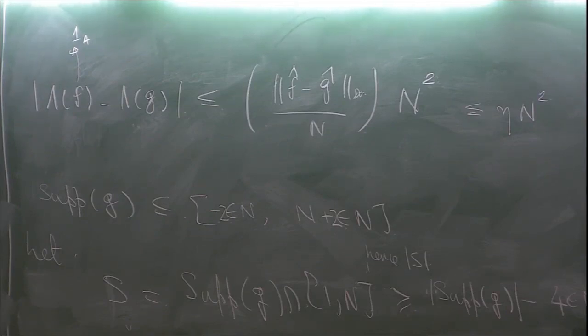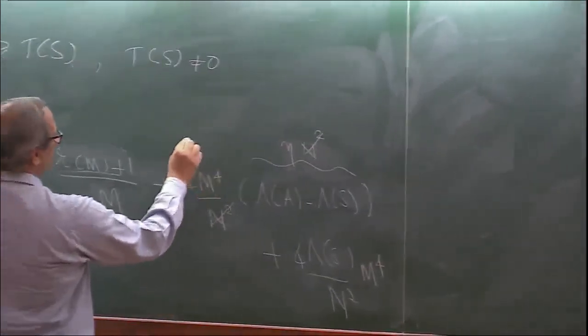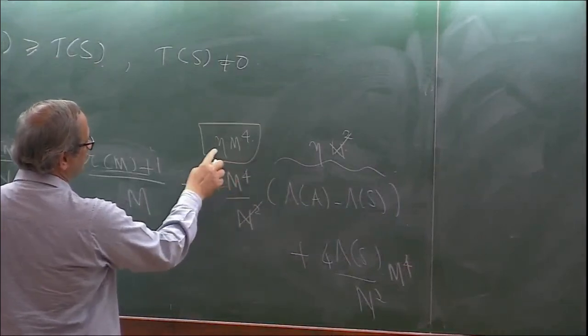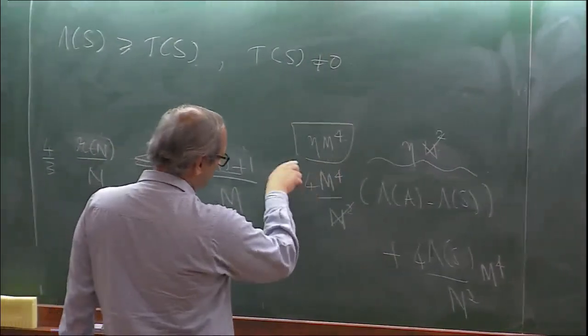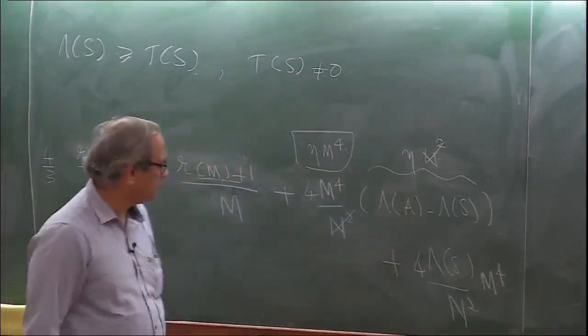So this whole thing is bounded by eta n square. So this n square cancels with this n square, you get an eta m to the power of 4. So as long as m is such that eta m to the 4 still goes to 0 with n, this term will go to 0.